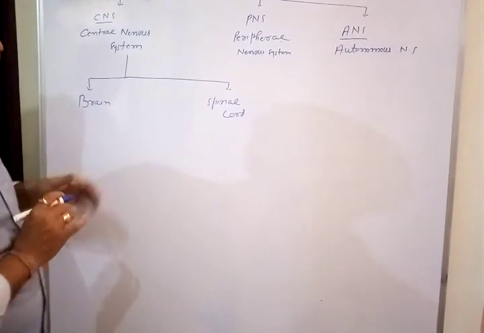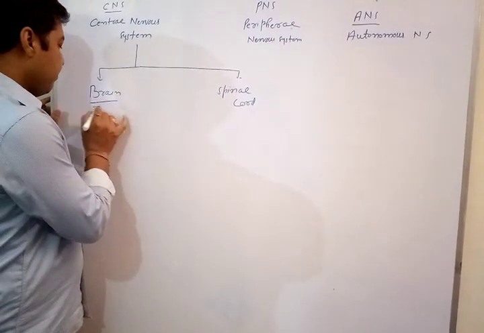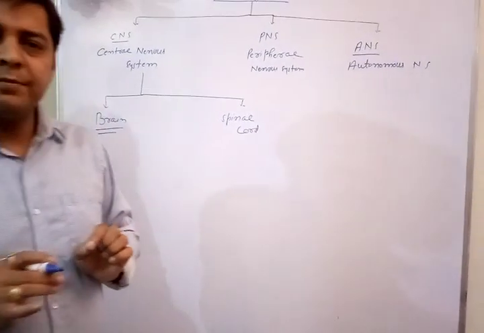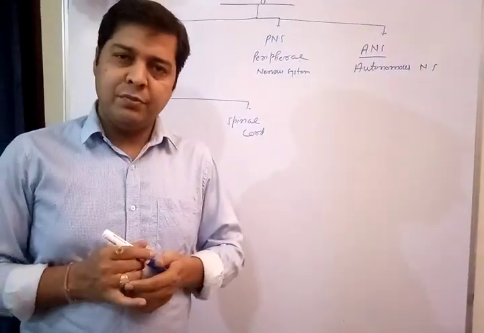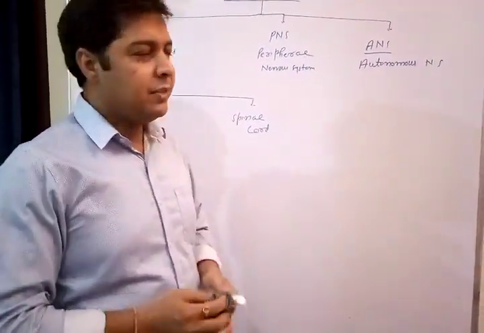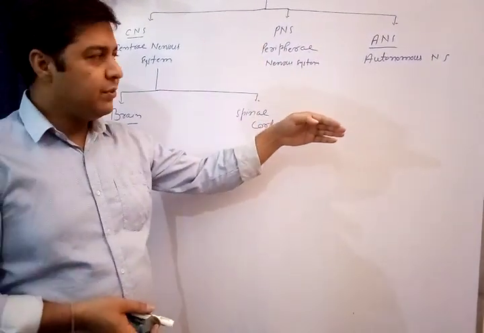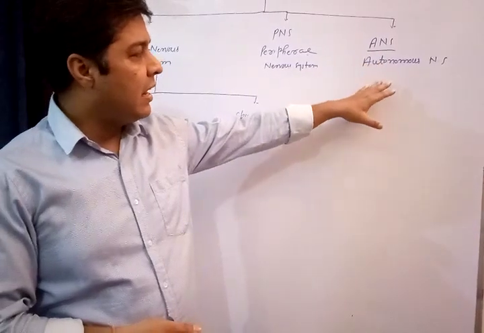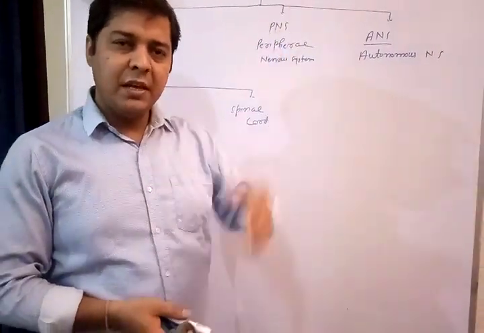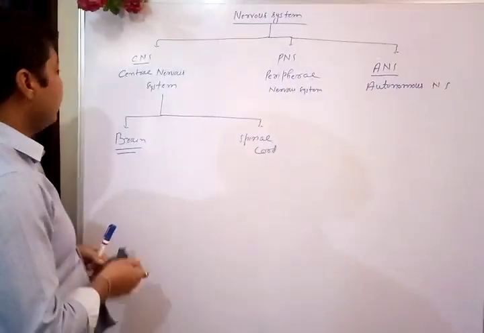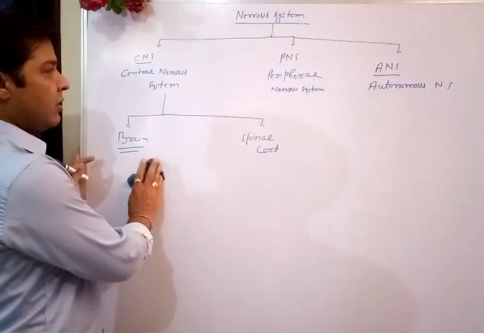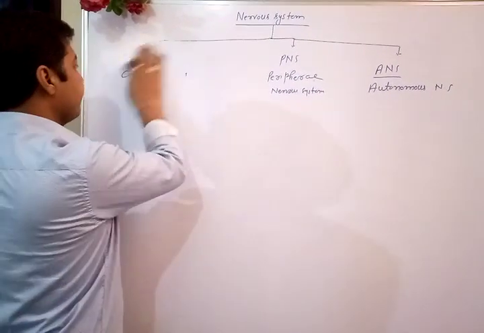Now I am going to start with the brain, which is very important from the board point of view. Clear? So let me start. This is the classification. Peripheral also has a classification that we'll see later, along with the autonomous nervous system. First we are moving to the central nervous system, that is the brain.